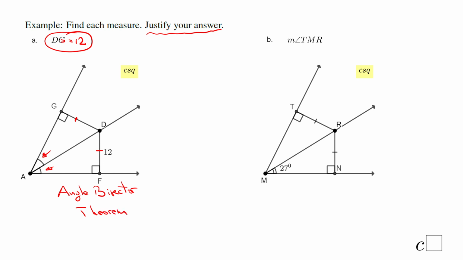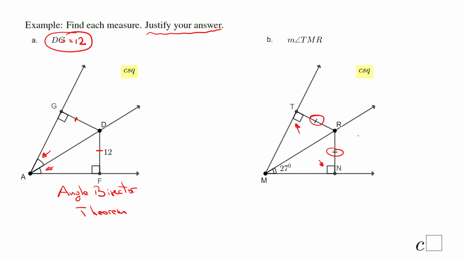Okay, let's take a look at part B. What do we notice? We notice these two segments are congruent. Also, we notice that these two segments are perpendicular to the sides of angle TMN.